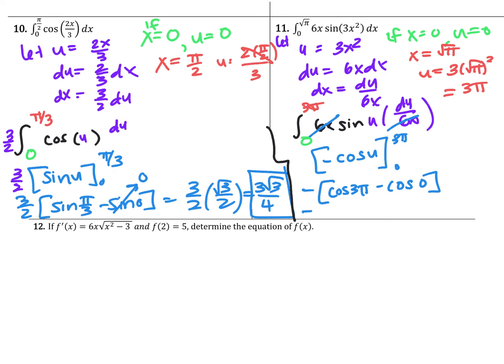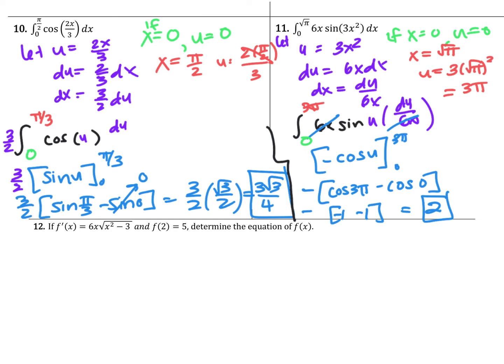Cosine of 3 pi is negative 1. And cosine of 0 is 1, but I'm subtracting that. So this is going to be the opposite of negative 1 minus 1. So this is going to be 2.